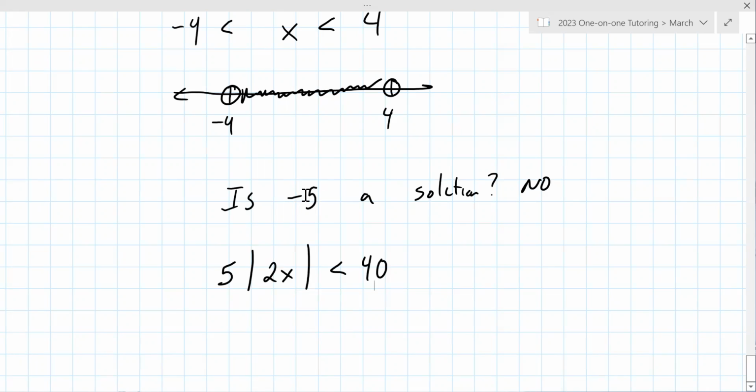What I'd like you to do here is put -5 in for x, and you always evaluate inside the absolute value first, then take the absolute value, then multiply by 5. So put in -5 for x. Let me know what you come up with on the left there.